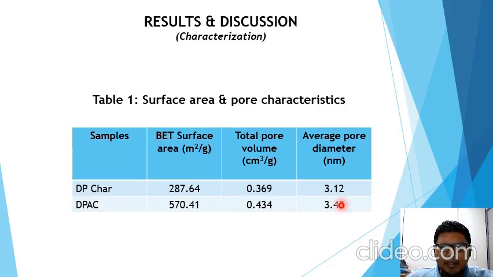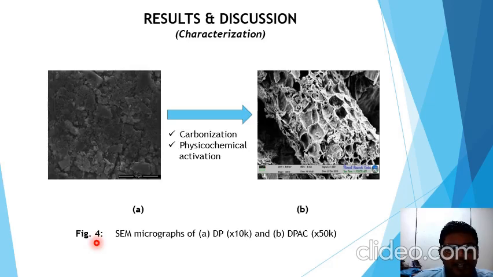The average pore diameter found for DPAC is 3.48 nanometers. This value lies in the region of the mesopore type of pore. Therefore, DPAC is suitable to be used to adsorb RBBR in an aqueous solution. Figure 4 shows the SEM images for DP and DPAC.